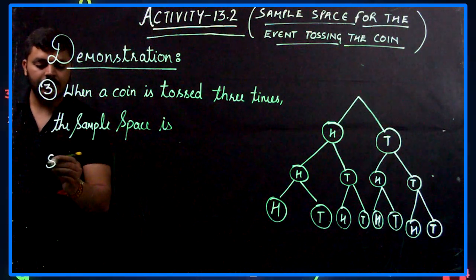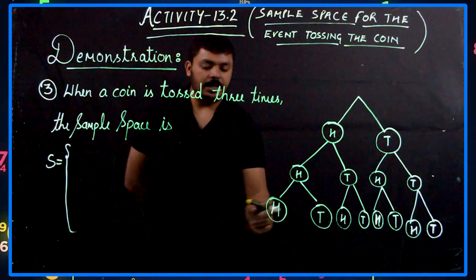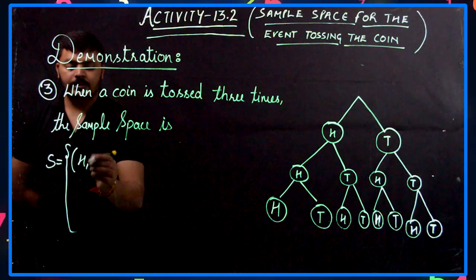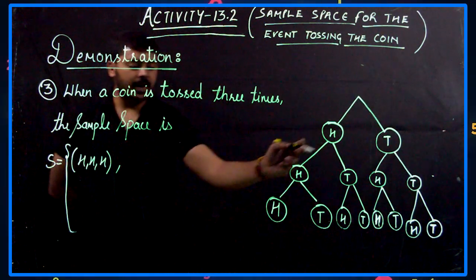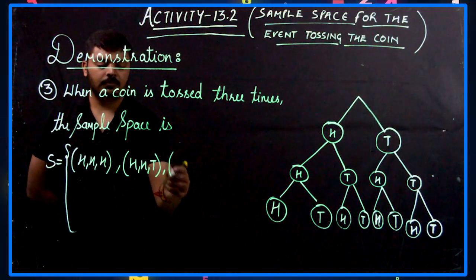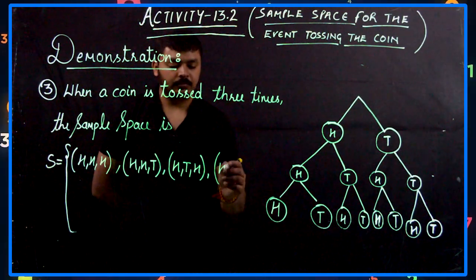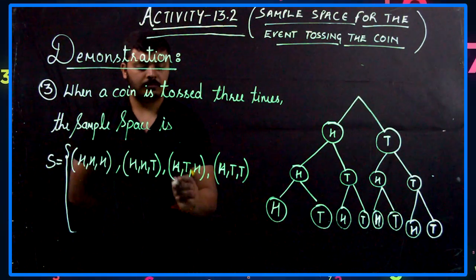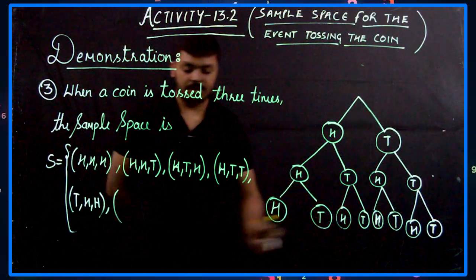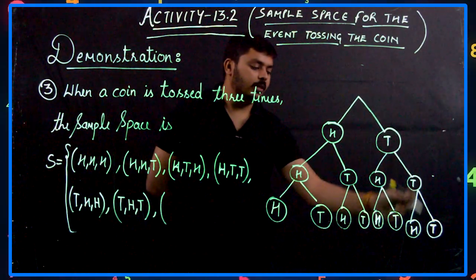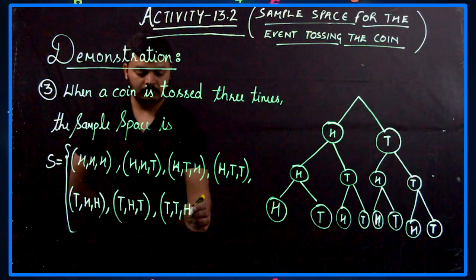So our sample space S is equal to HHH, HHT, HTH, HTT, THH, THT, TTH, that is tails, tails and heads.